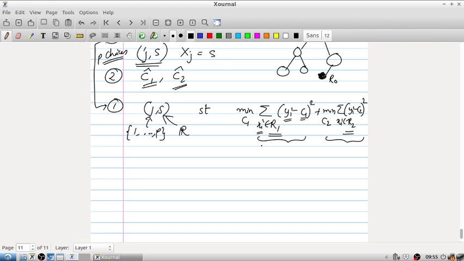If I break a region R0 into two parts, I still have two other things to decide, which is the constant numbers in each region. Let's say I decided the constant numbers to be C1 and C2, then I can assign how much the loss is in each bucket. I'm just saying pick the best ones, the C1 and C2 which lead to the lowest squared loss in each bucket.